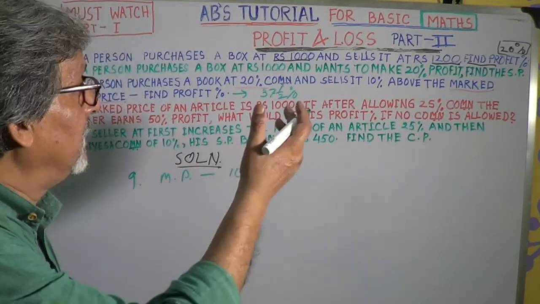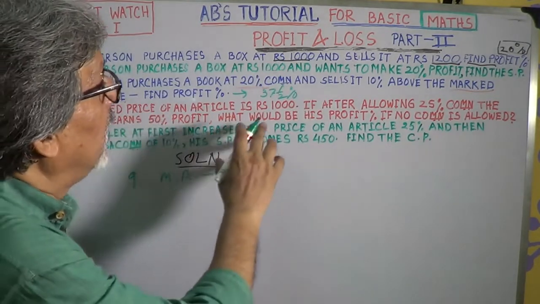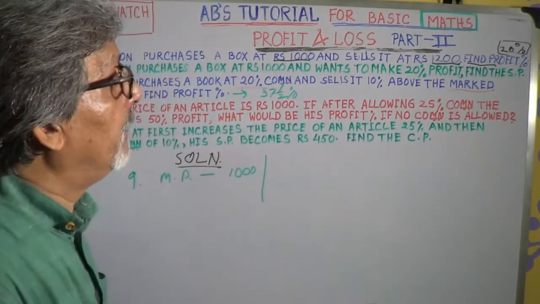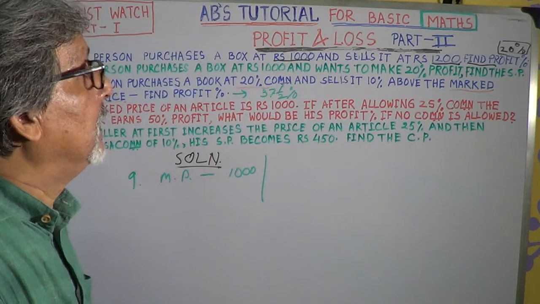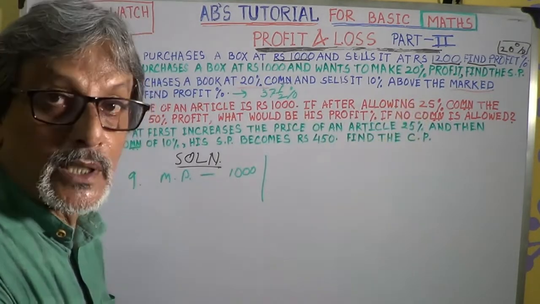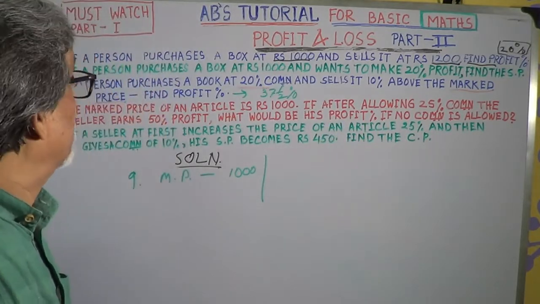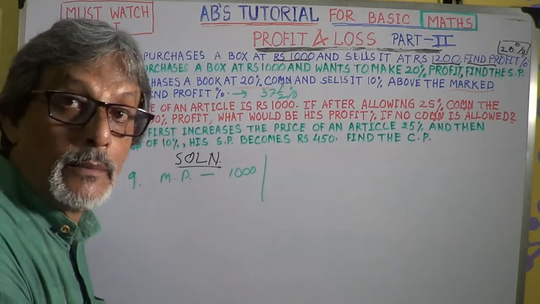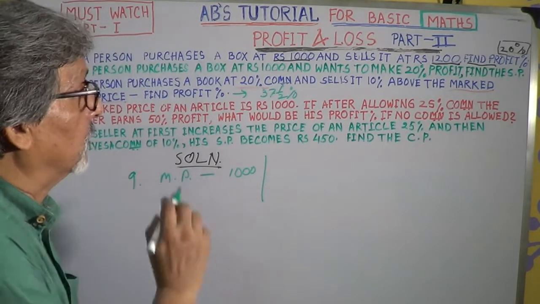What would be his profit percent if no commission is allowed? Had he not allowed this 25% commission, then to what extent his profit percentage will be. So here the marked price is rupees 1000.